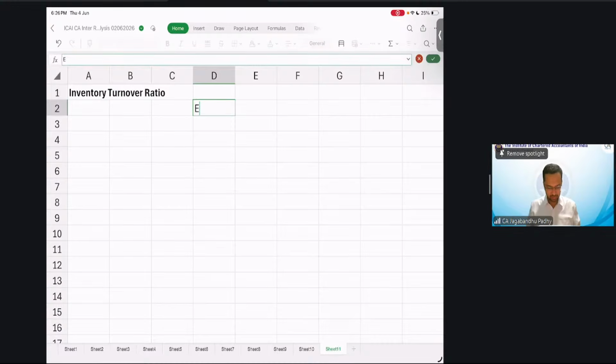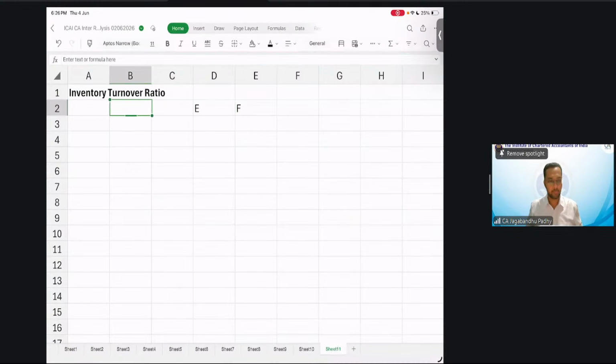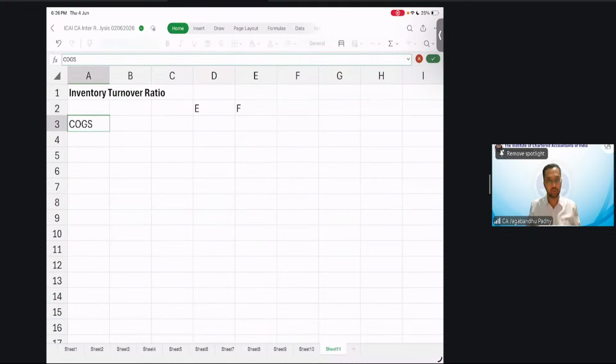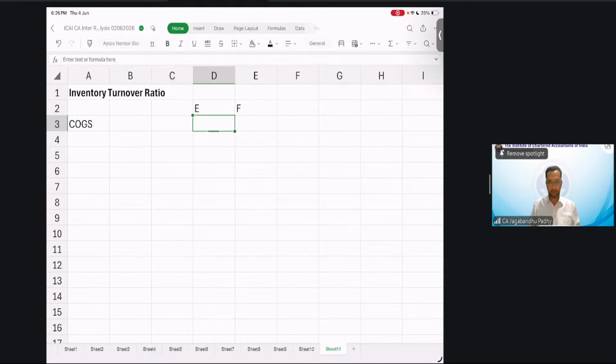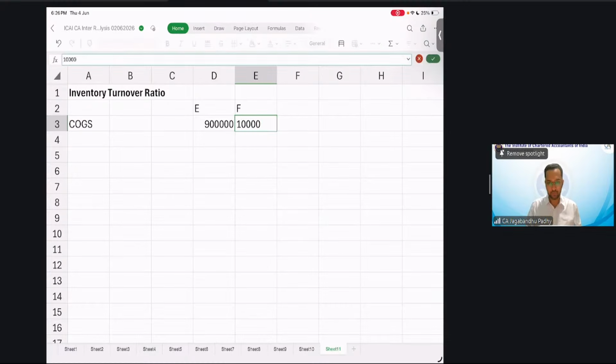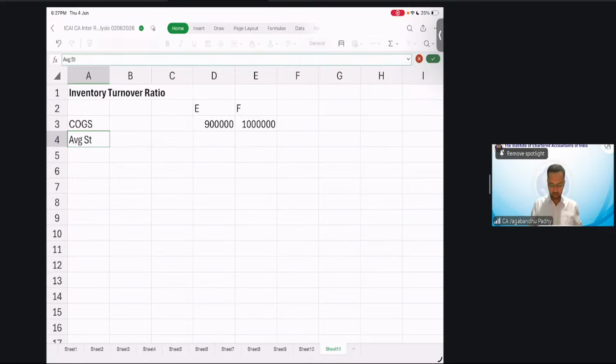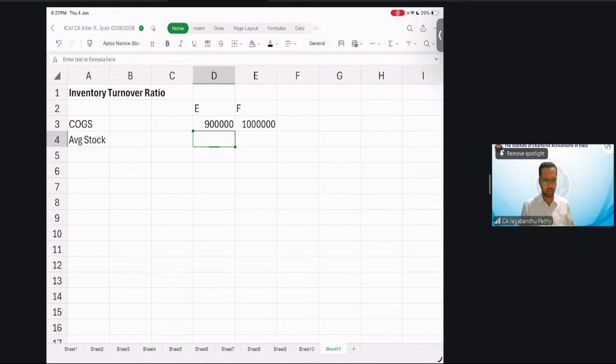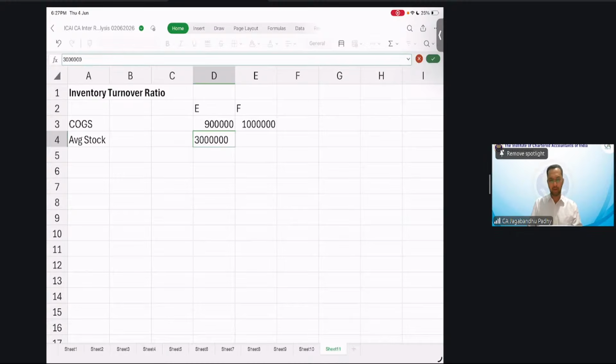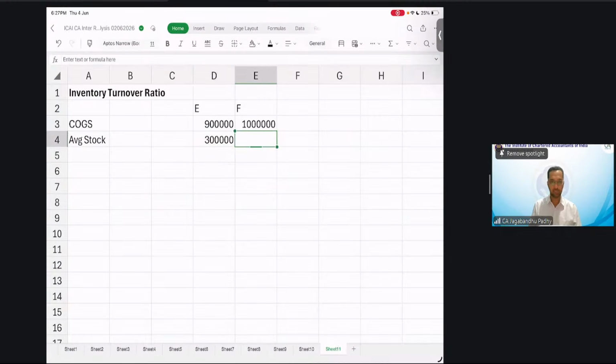Two companies, let's say E and F. E is having a COGS of, let's say, 9 lakh. F is having a COGS of 10 lakh. And the average stock or average inventory: company E maintains an average inventory of 3 lakh. Company F maintains an average inventory of 2,50,000.